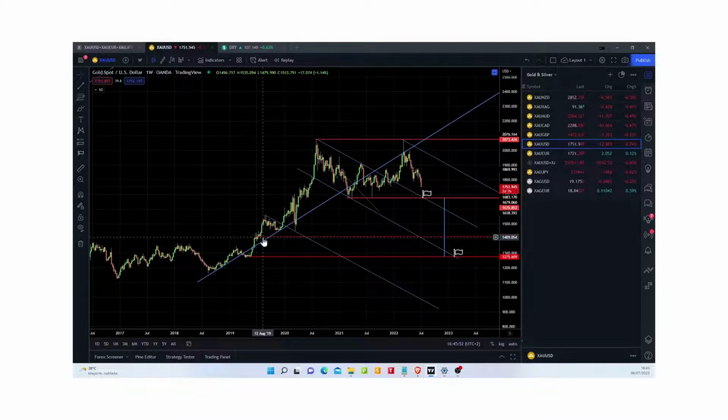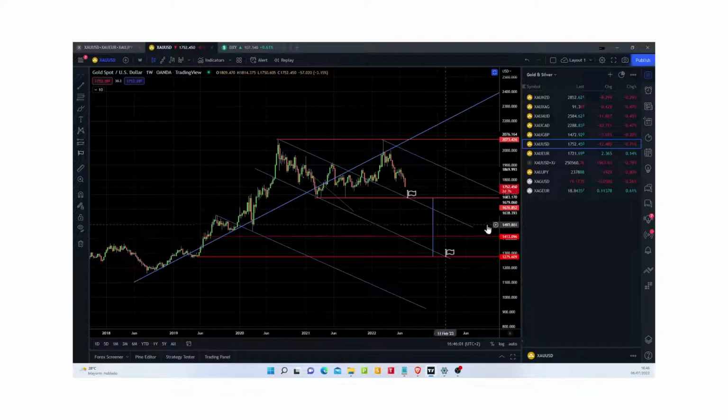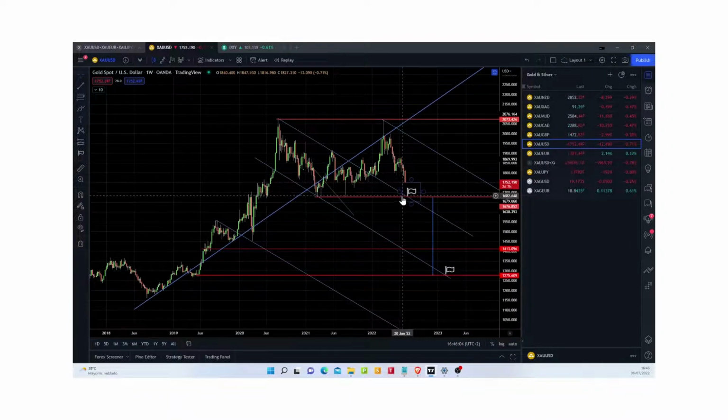We have another intermediate level here in the 1400s, but the two important levels are really the one that I think bears are now having an eye on, which is this 1680, which intersects a downward sloping line in late July this year, and then we have the coming intersection for February next year on that lower level for that downside projection.